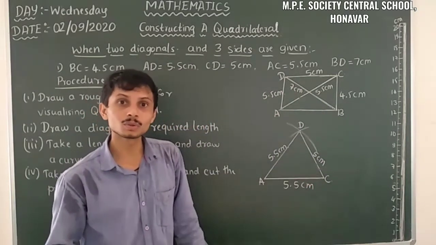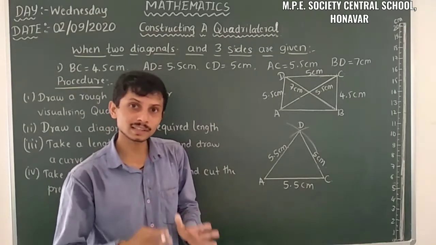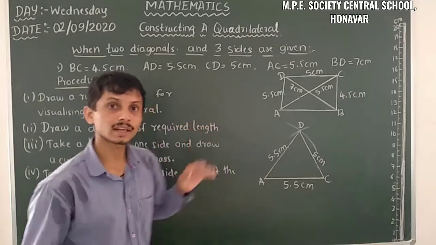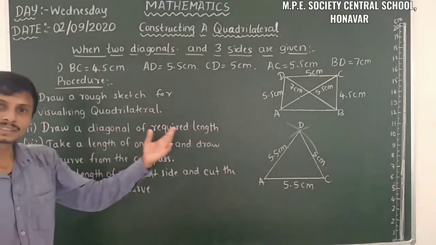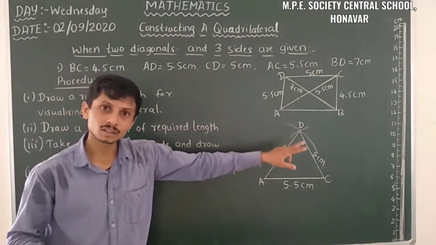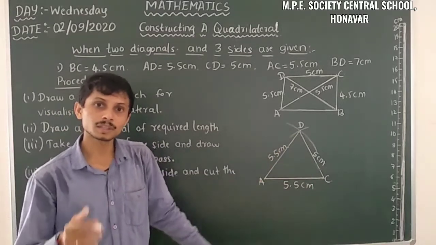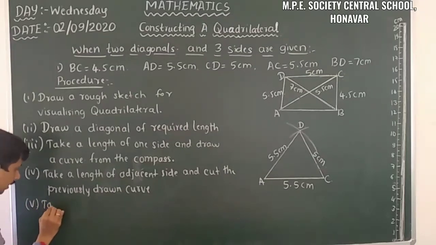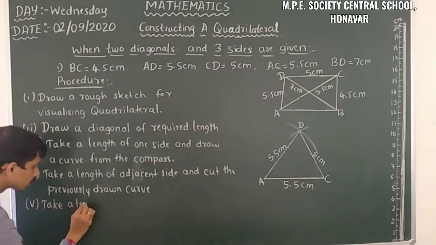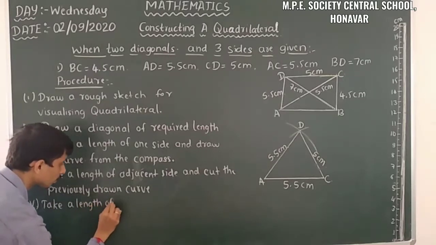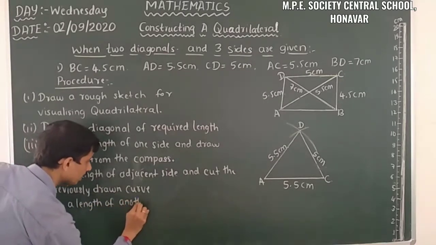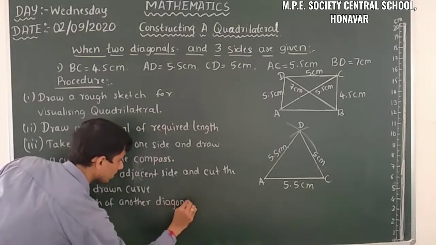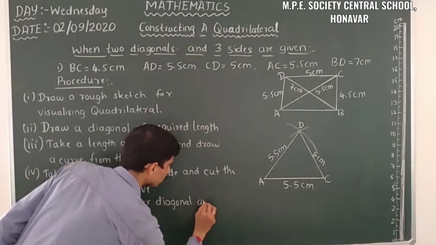For that, we have to take the length of the other diagonal here and simultaneously draw a curve from the compass. That is, the fifth procedure is take the length of the other diagonal and draw a curve.